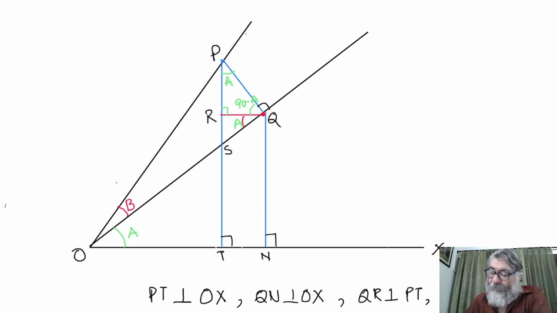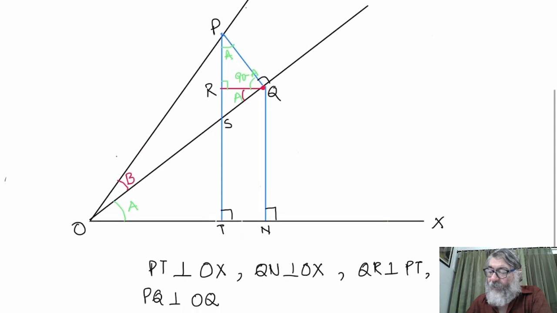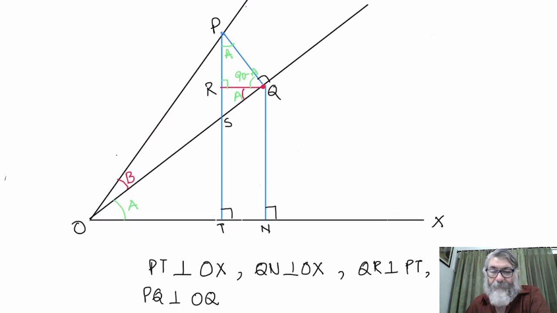Now this angle shown in green is A, the red is B. Now if you notice, the angle RQS is also A. This angle will be A because QR is parallel to OX. QR is parallel to OX, and if this is A, this is also A, as alternate angles.